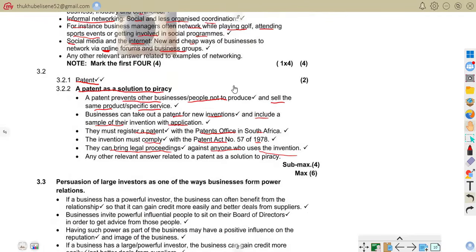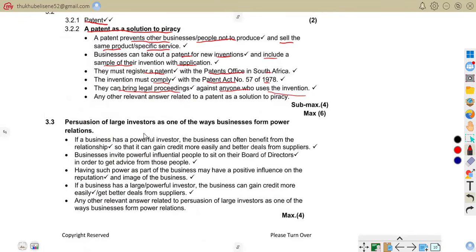If a business has a powerful investor, the business can often benefit from the relationship so that it can get credit more easily and better deals from suppliers.